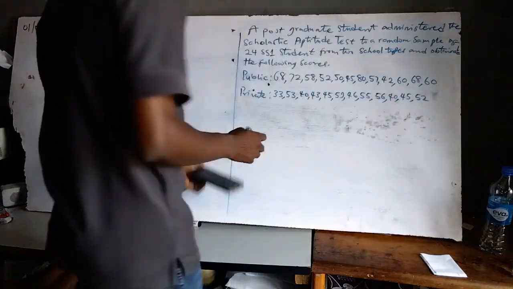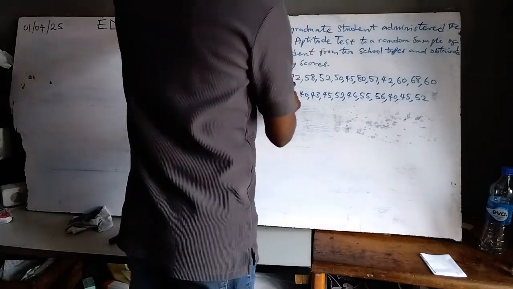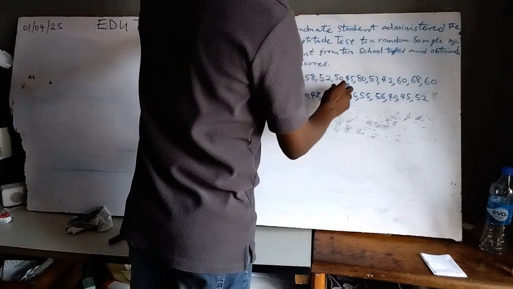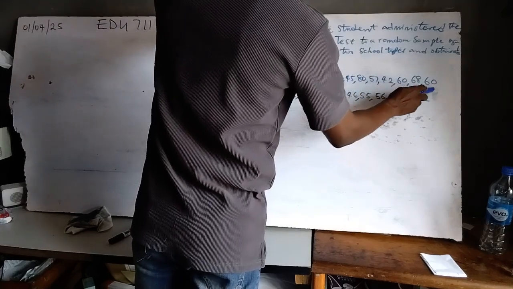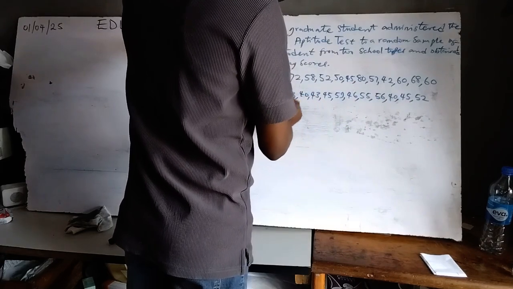So check if they are complete. They must be the same number. 1, 2, 3, 4, 5, 6, 7, 8, 9, 10, 11, 12. 1, 2, 3, 4, 5, 6, 7, 8, 9, 10, 11, 12.